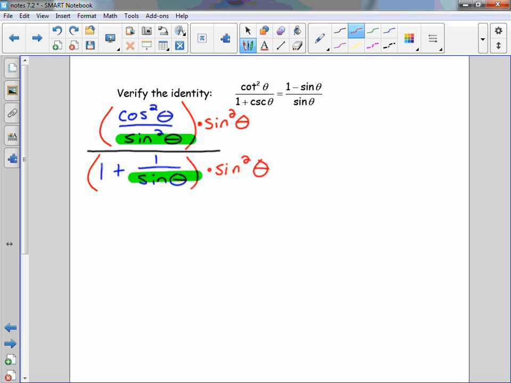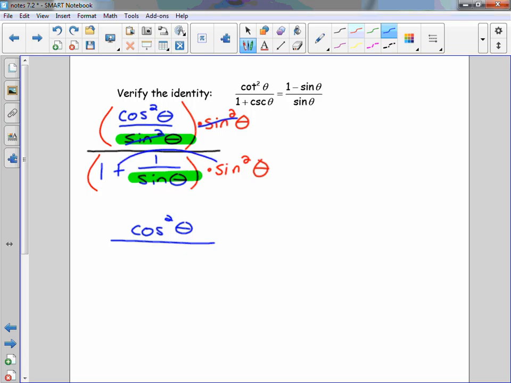All right. Basically, what you're doing there is multiplying the numerator and the denominator by the LCD of what we have highlighted here. So if you look at this, I have sine squared in the numerator, right? And a sine theta in the denominator. The LCD between sine squared and sine is sine squared. Okay. So what will happen there is now we end up with this part canceling out, and we have cosine squared theta over, here we've got to distribute this through to each part.